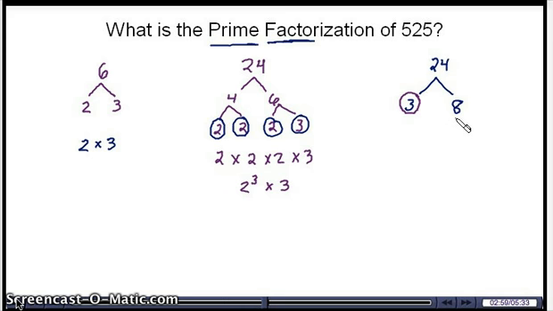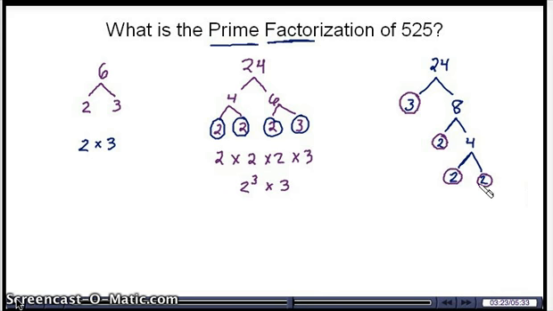We can say that 8 is the product of 2 and 4. And we know that 2 is prime, so this branch is complete. 4 isn't prime, so we have to go a little bit further. And we know that 4 equals 2 times 2. And 2 is prime.